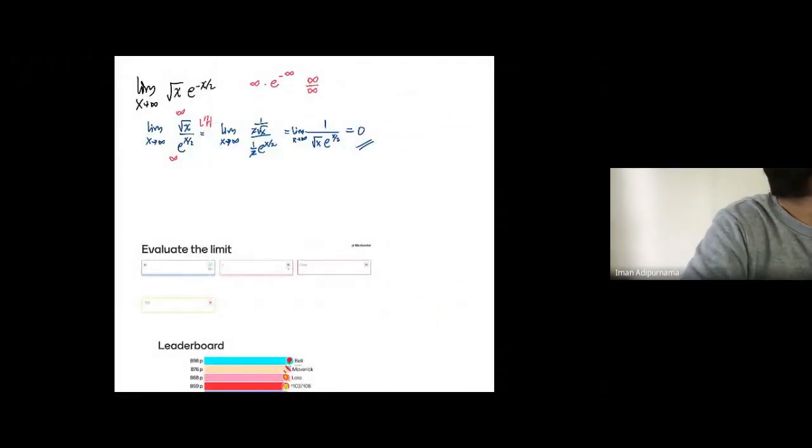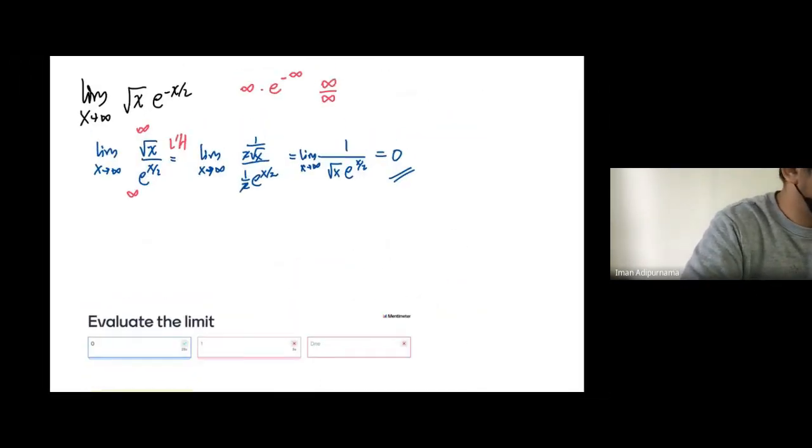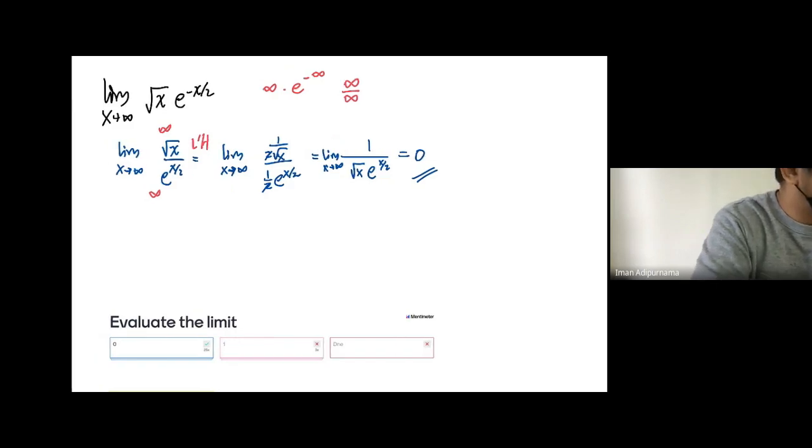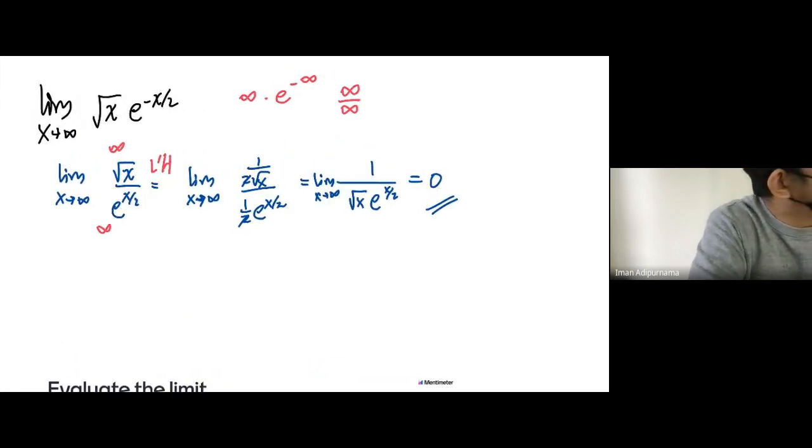First of all, let me explain a little bit about the feedback. I think the first question is not too complicated. This is basically when you move the e to the bottom of the equation, and it becomes a fraction that is infinity over infinity.